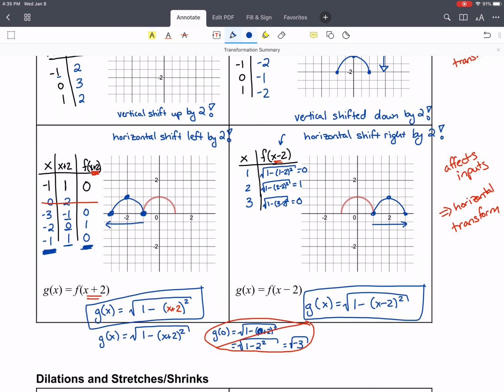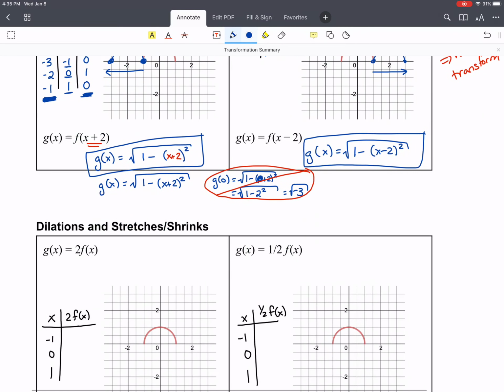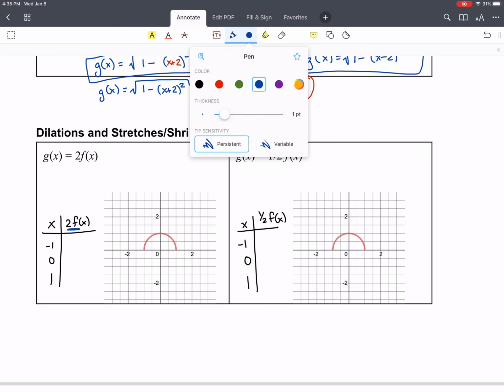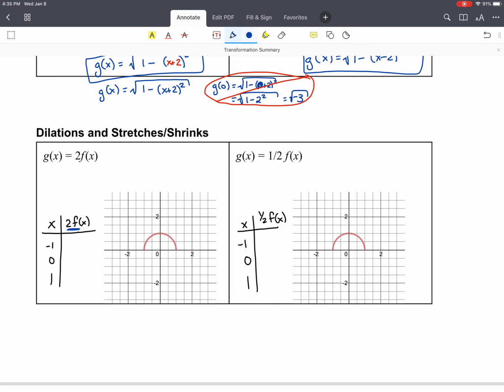So now let's look at stretching or shrinking a function. So we'll start by transforming the outputs again. So I'm multiplying the output by 2 here, and let's talk through what happens. So g of x is going to be 2 times the square root of 1 minus x squared.